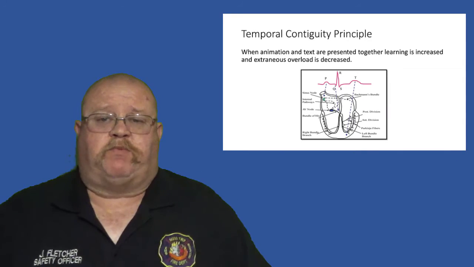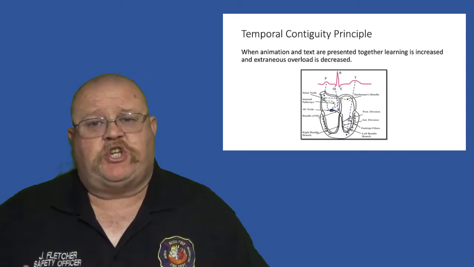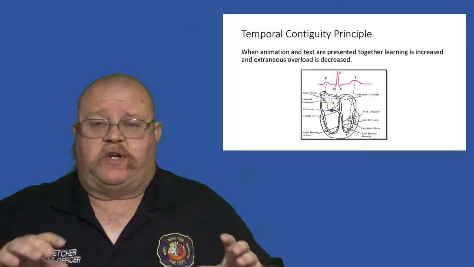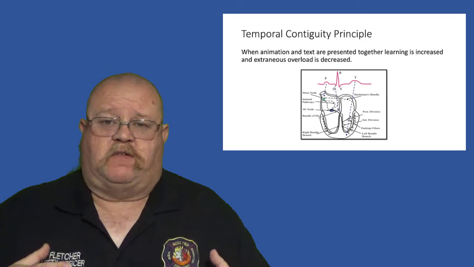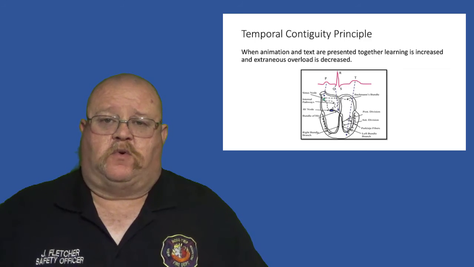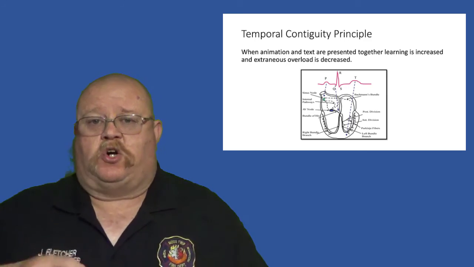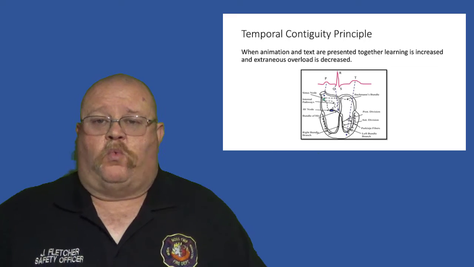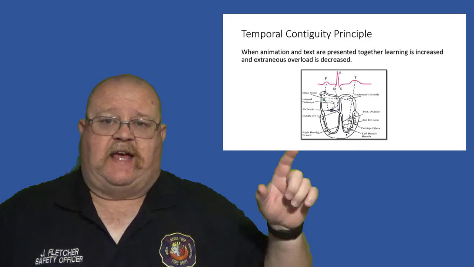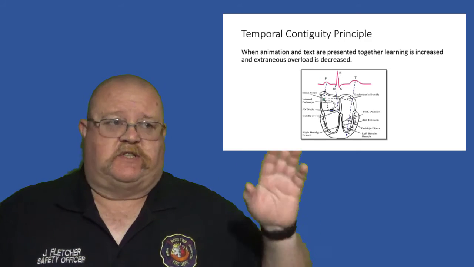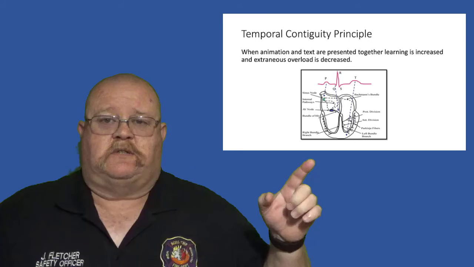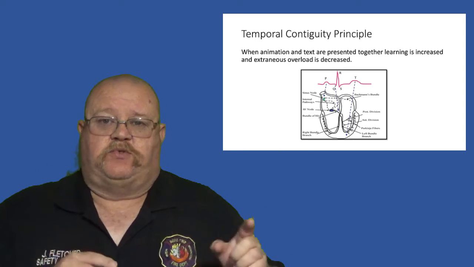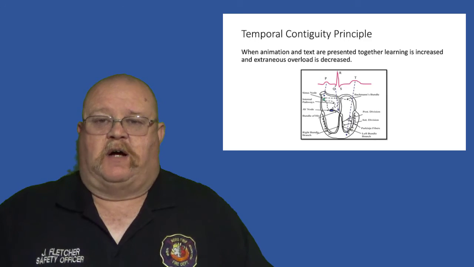For my last principle, I want to talk to you about the temporal contiguity principle. If you're going to use a picture of, say, the heart, and you're going to have the students learn all of the areas of the heart, you don't want to have an A and then an A on the picture, so that the student has to look at the words and then look at the picture to get a visual.